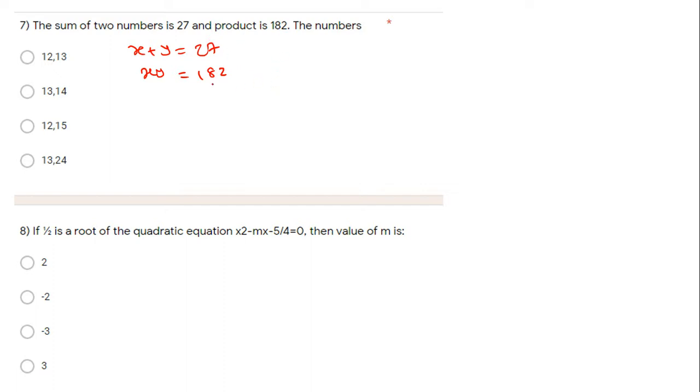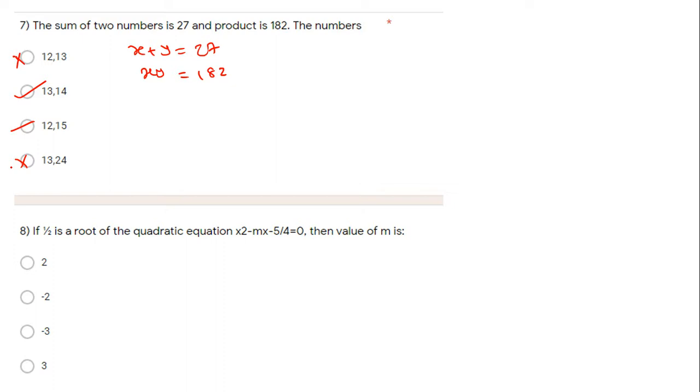We don't have to make equations and solve them, because if you solve them, this question will become a 2 to 3 mark question. So it's not required. The sum is 27, so we have to check all options. 12 plus 13 is just 25, not the answer. This can be the answer, as well as this can be the answer, and this cannot be the answer.